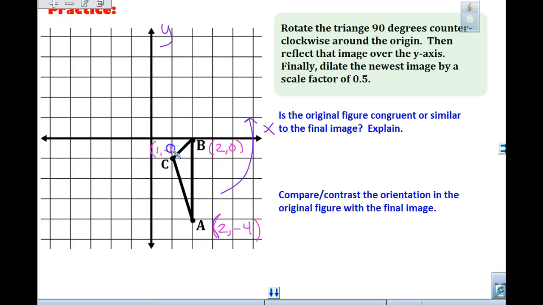Do the rotation. Check with your shoulder partner. Do this one right here.